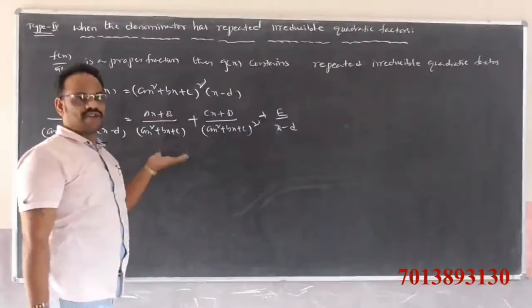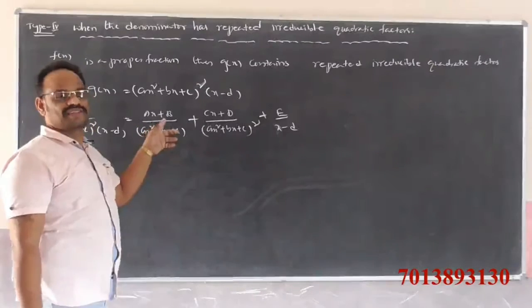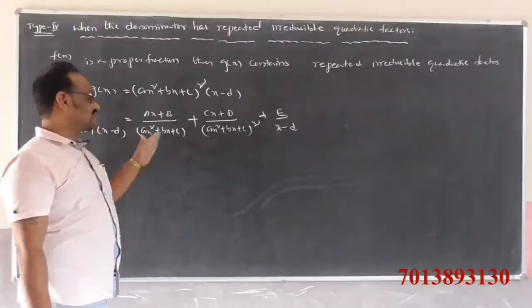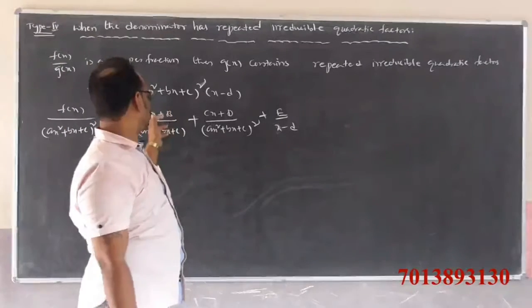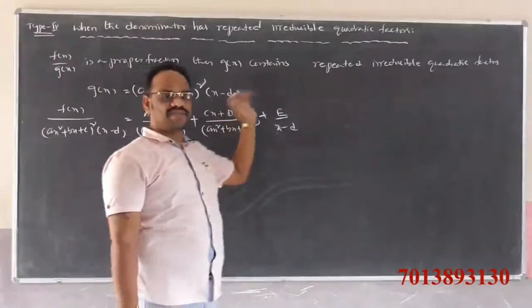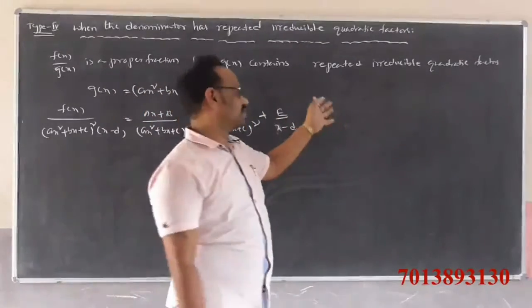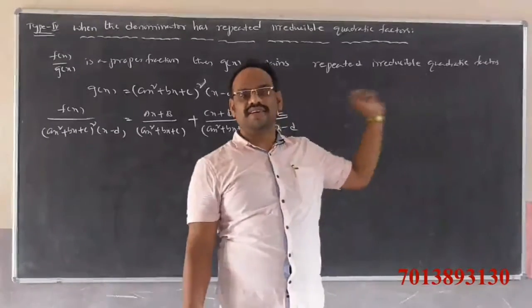Resolving into partial fractions: a1x plus b1 by ax square plus bx plus c, plus a2x plus b2 by ax square plus bx plus c whole square, and so on, anx plus bn by ax square plus bx plus c whole power n.